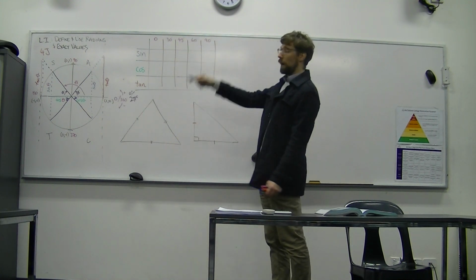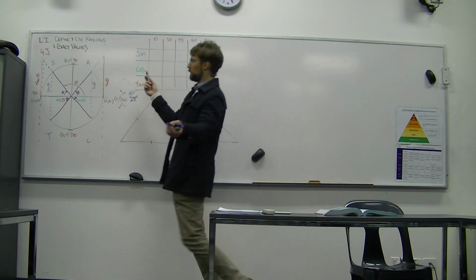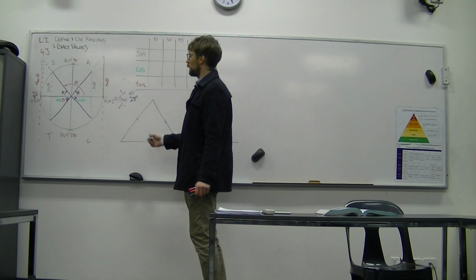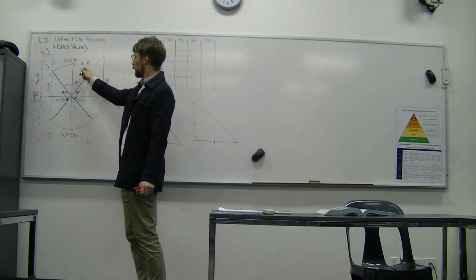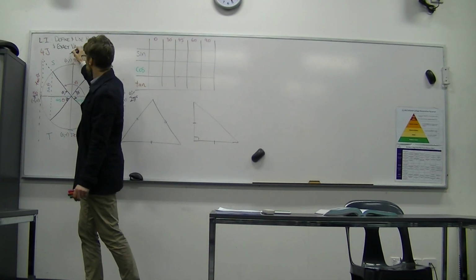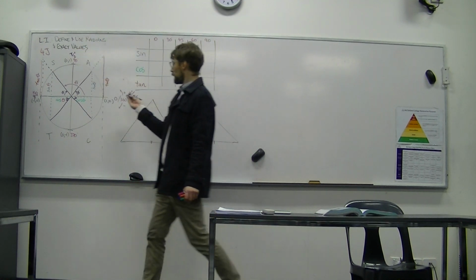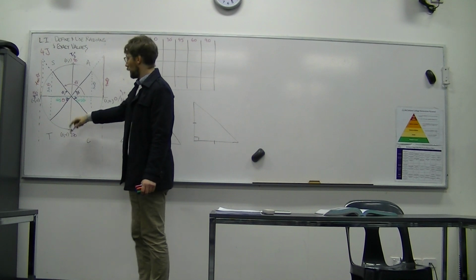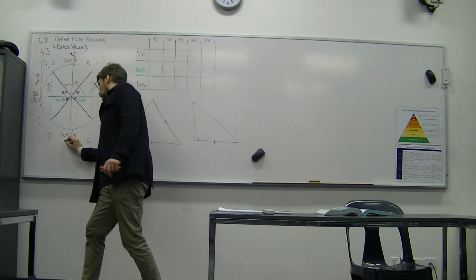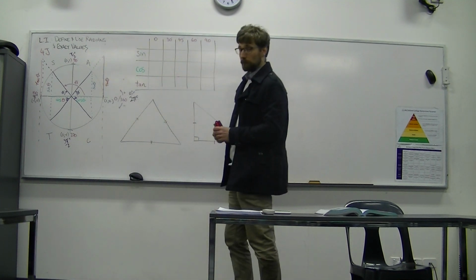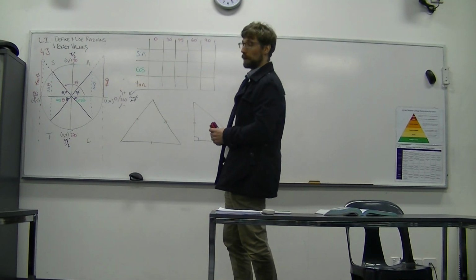So if we only went halfway around, half of 2 pi, that'd be pi. So pi radians. Alright, if I only went a quarter of the way around, well that'd be half of this, so that's pi on 2 radians. Okay, great. If I went 3/4 of the way around, it'd be 3 lots of that, so that's 3 pi on 2 radians.